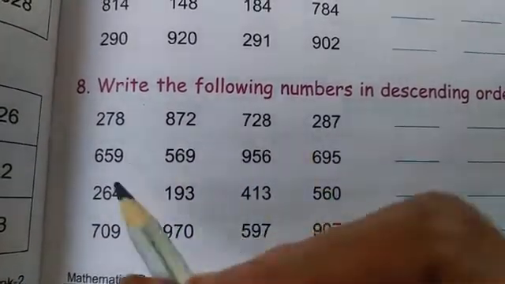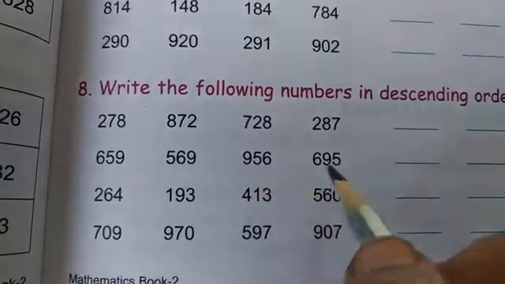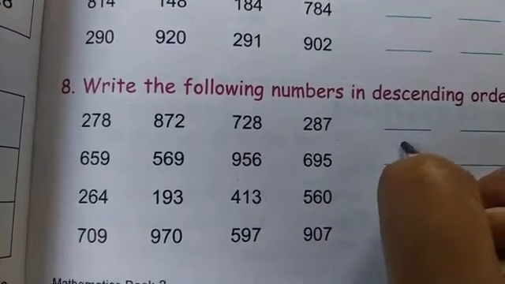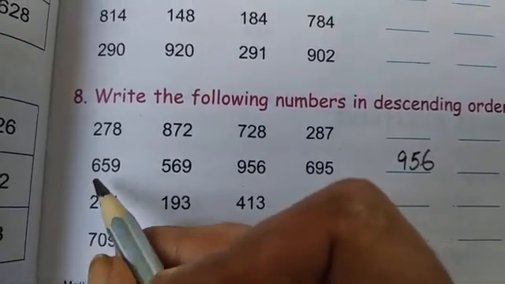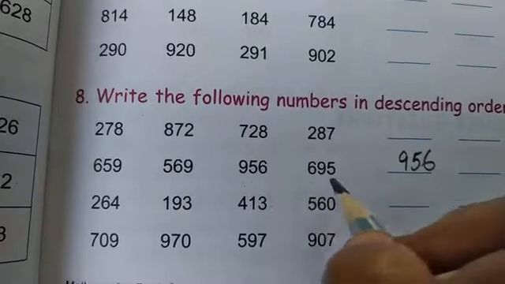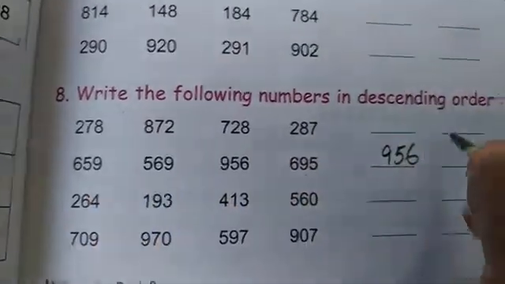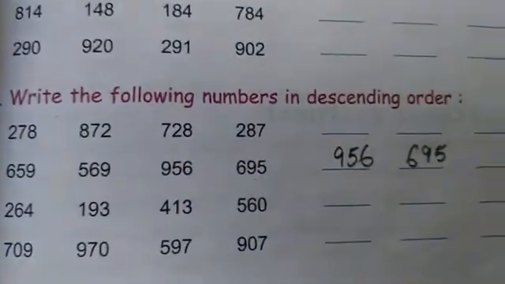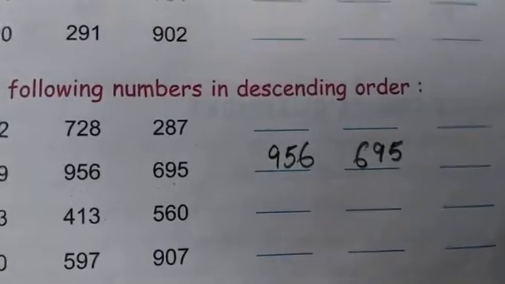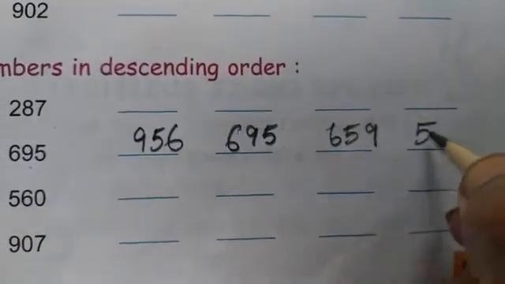And here 9 is the greatest number. So first write 956. Then here the hundreds digits are the same, so compare the tens digit. 9 is greater than 5. So 695. Then 659. Then 569.